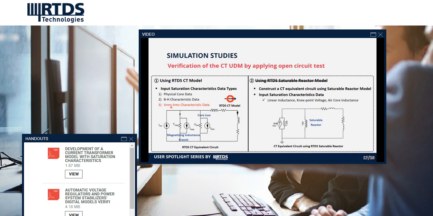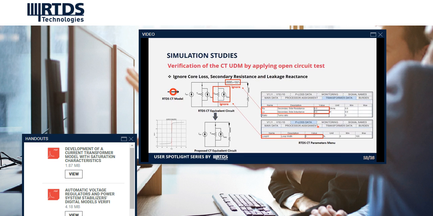VRMS-IRMS data is one of the input saturation characteristic data types of the RTDS CT model. We can input 10 points of data to this model, so the RTDS CT model will be evaluated with CT-UDM.